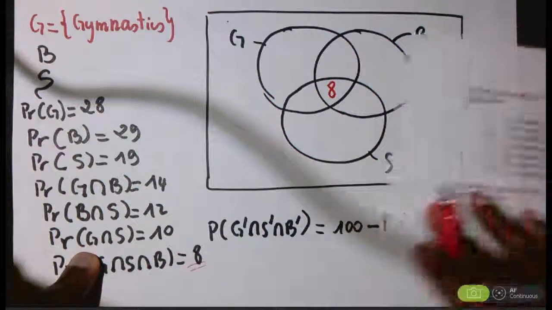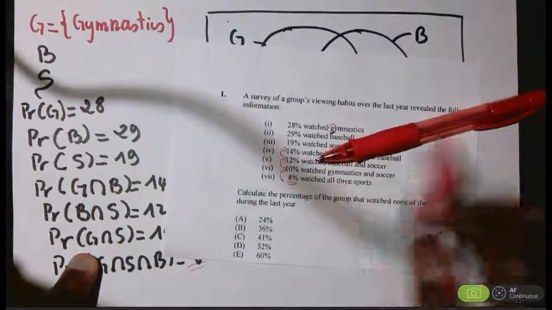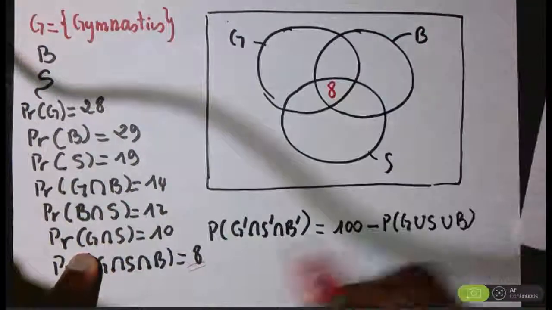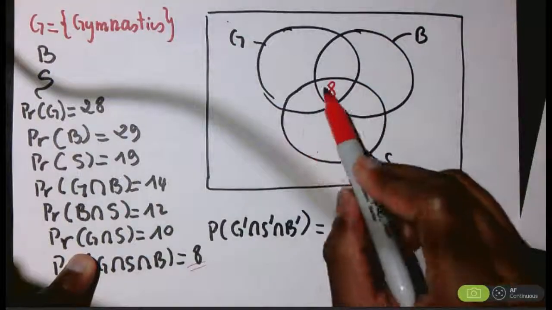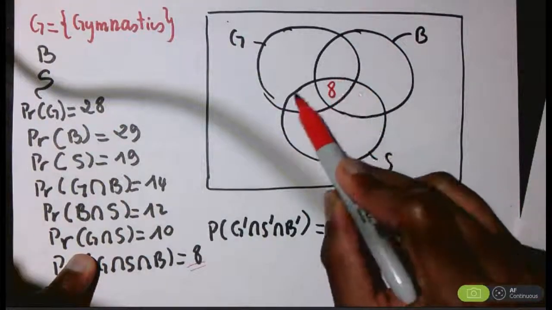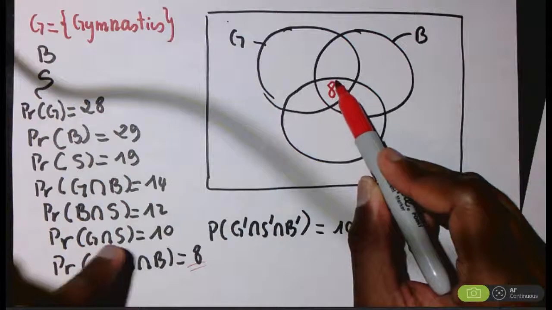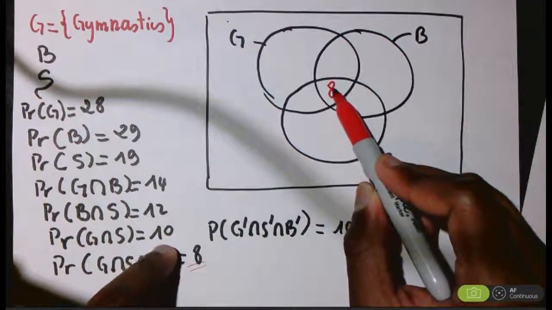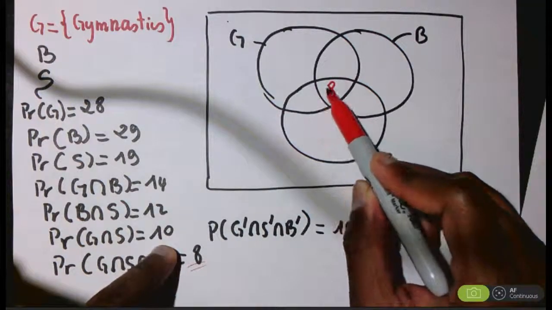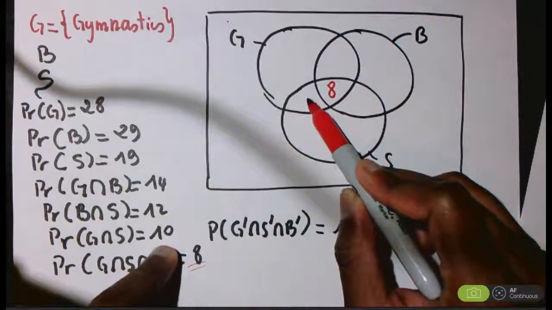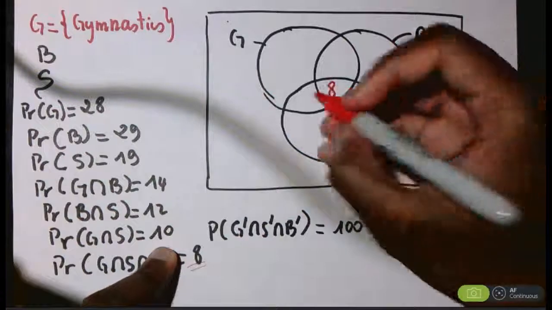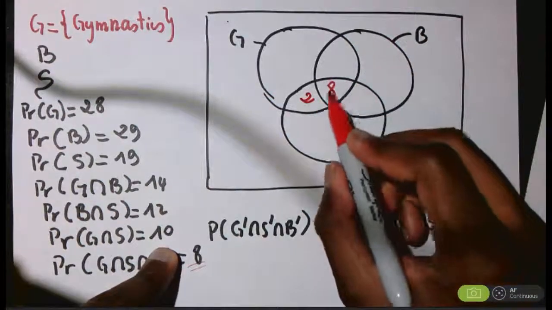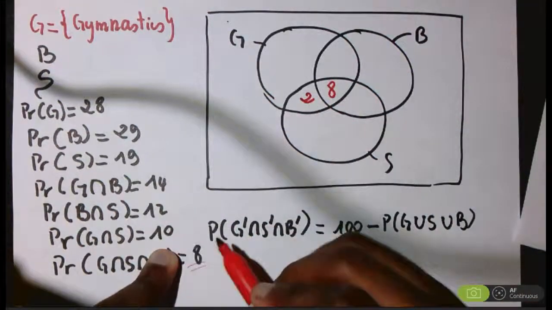G and S intersect in this small portion, and the total there is supposed to be 10. We already have 8 here, so the unknown is 2, since 8 plus 2 is equal to 10.